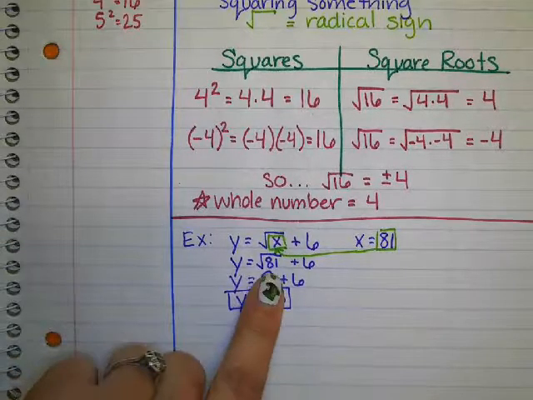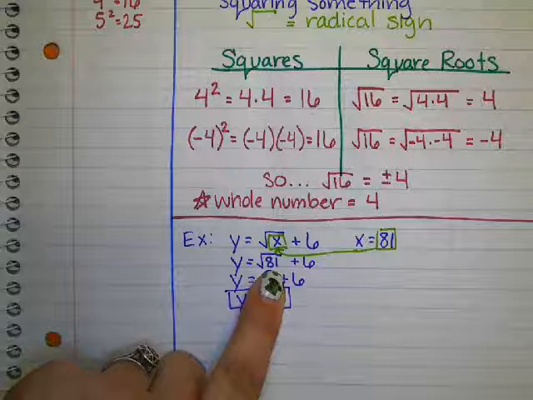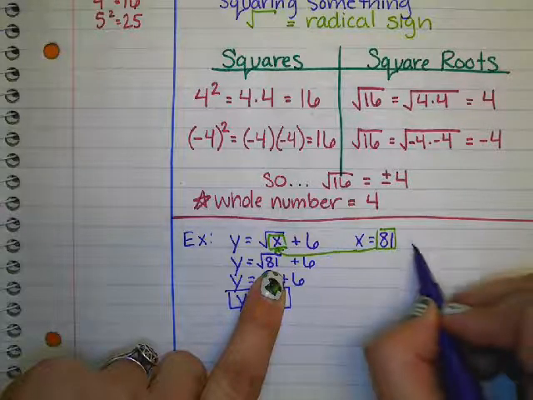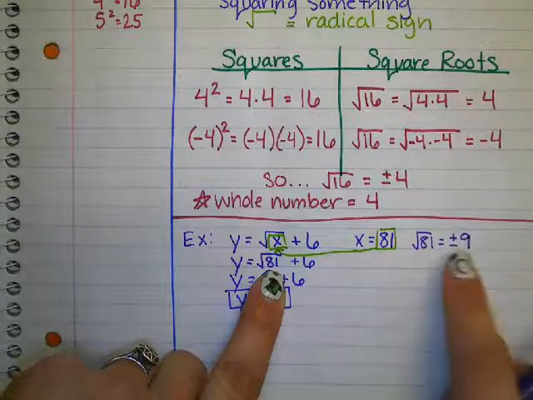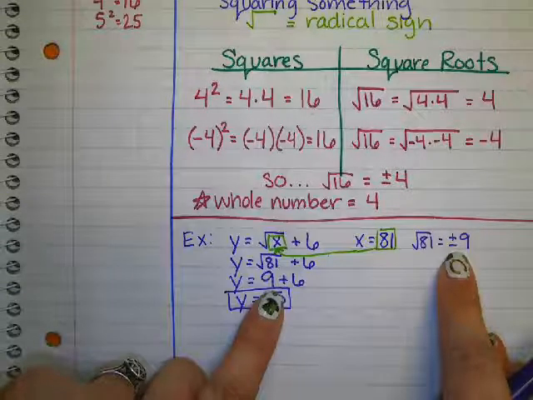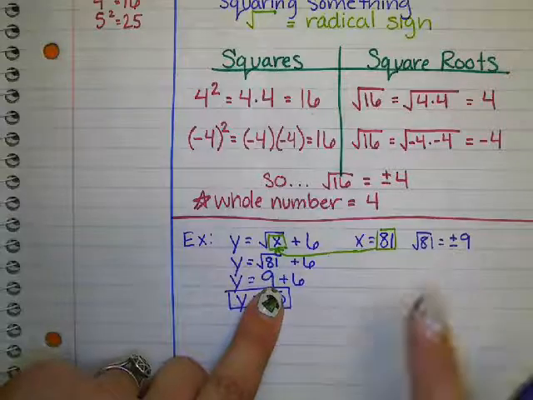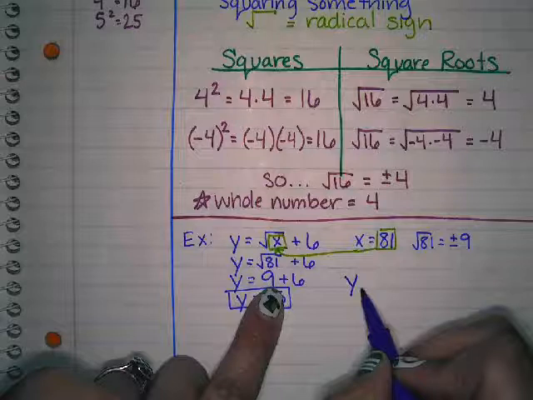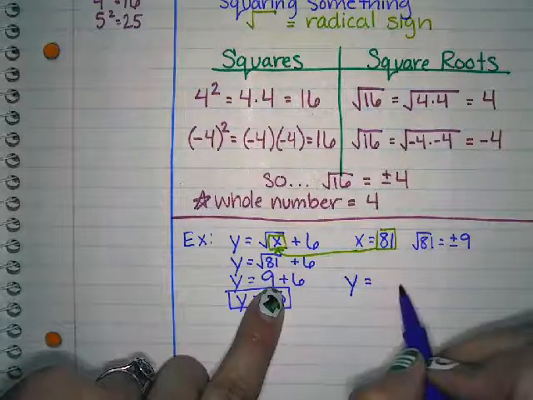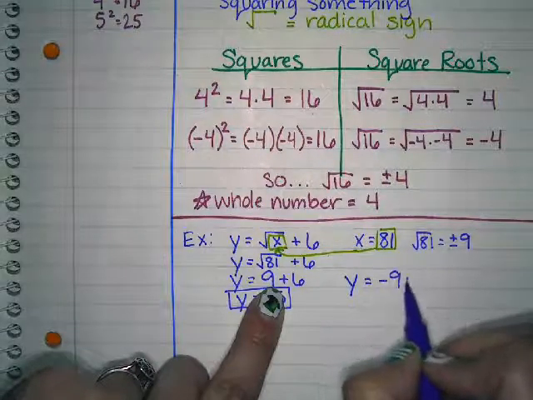Now, if you were looking at the square root of 81 and saying, really, the square root of 81 could be plus or minus 9. We could also have a -9 here, so that would be a different problem. We would have y is equal to -9 plus 6.